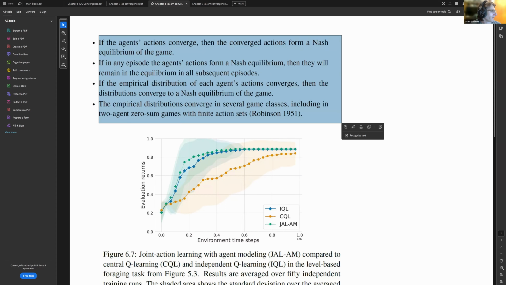If the actions converge, meaning when you repeatedly visit a state, the other agents end up behaving the way you've modeled them and that doesn't change, then the actions have converged, and you have found a Nash equilibrium. That's good. Also, if everything's in a Nash equilibrium, it won't leave from that, so you can keep training and it won't break that.